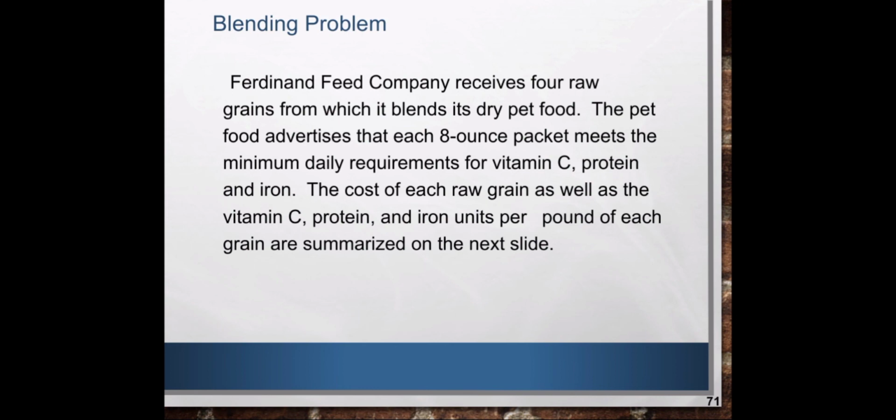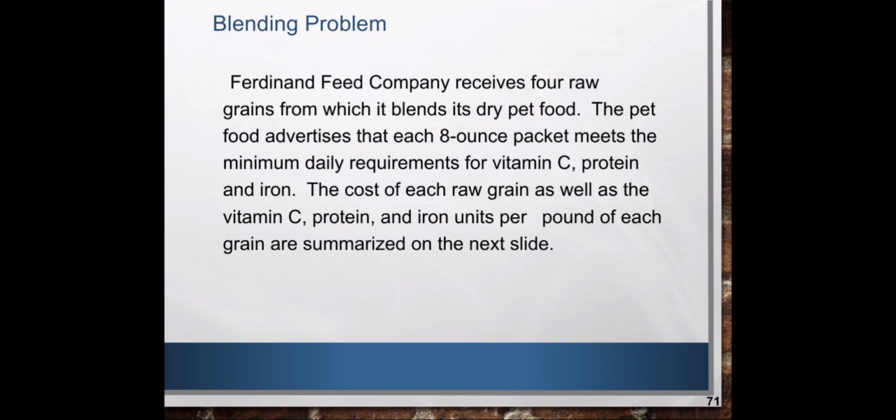Blending problems occur frequently in the petroleum industry, for example, blending crude oil to produce different octane gasolines. Also in the chemical industry, blending chemicals to produce fertilizers and weed killers. And also in the food industry, blending ingredients to produce soft drinks and soups.